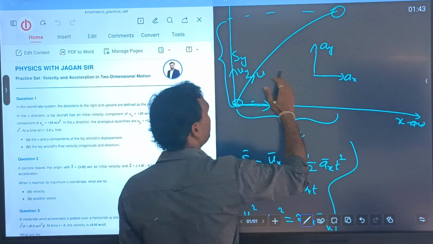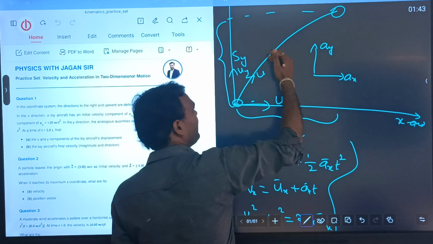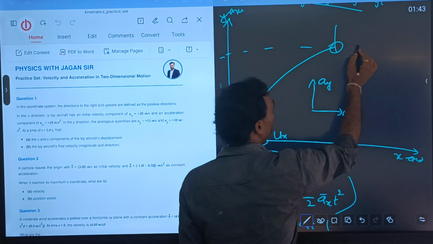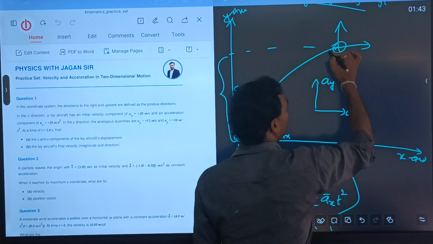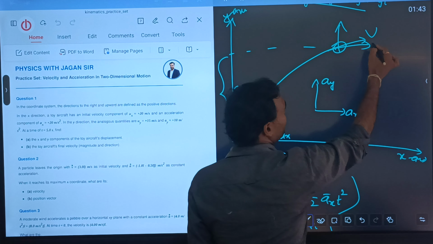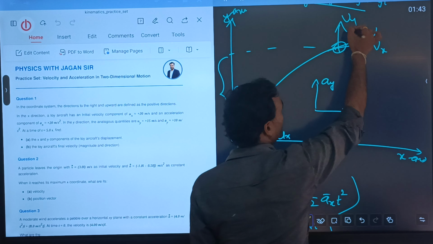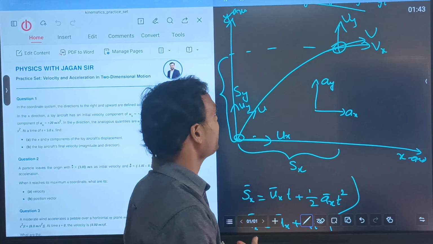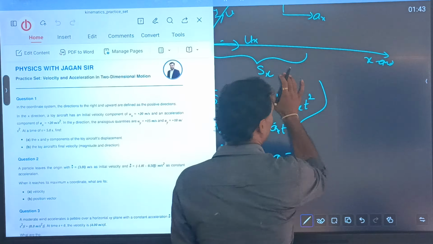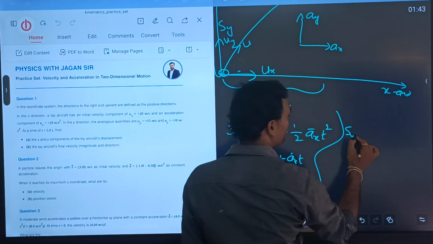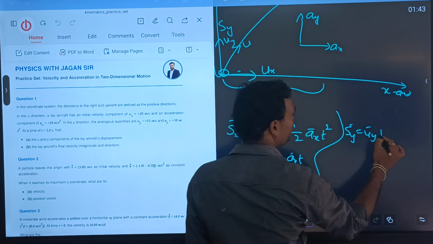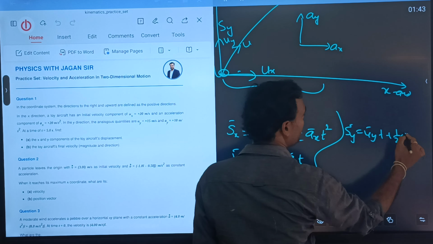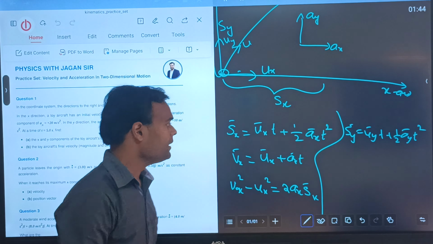Similarly, suppose here it possesses velocity v, then this will be the velocity on the x-axis, this will be the velocity on the y-axis, vx and vy respectively. Now this displacement sy, I can write as uyt + 1/2 ayt².